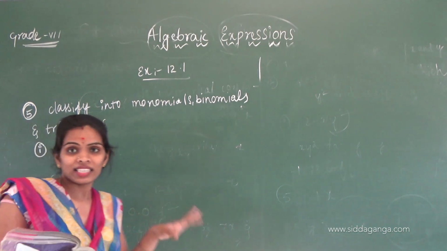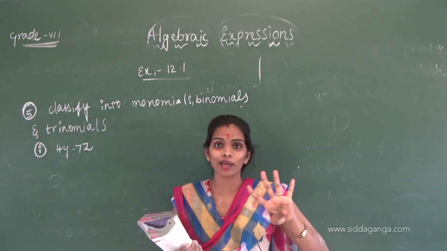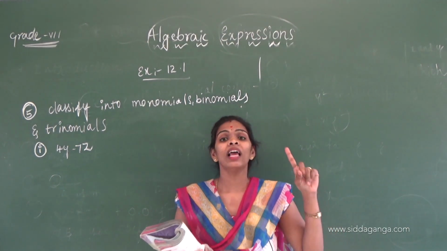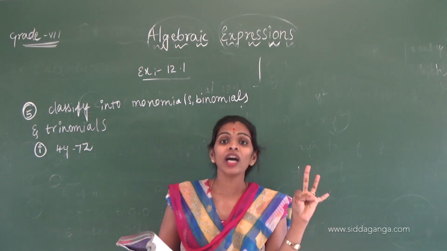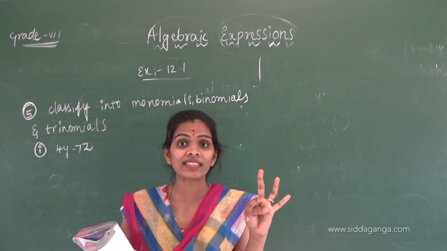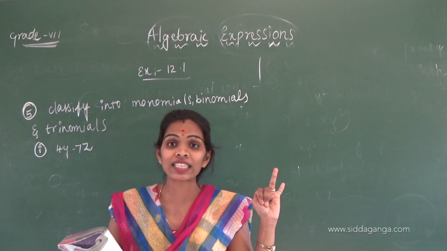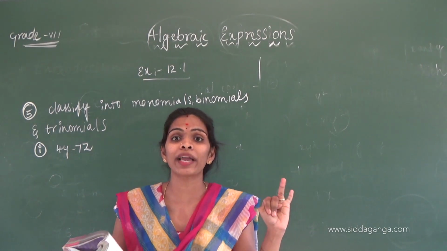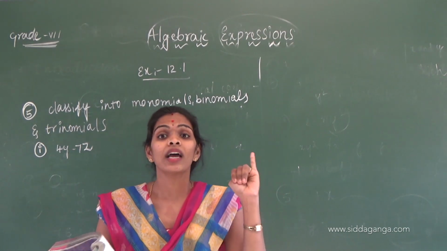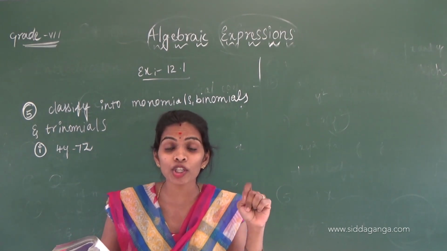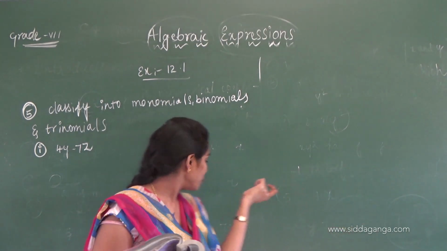2. Okay, just I am repeating the definitions. Types of algebraic expression. There are 4 types of algebraic expression. One is monomial, binomial, trinomial and polynomial. The algebraic expression which is consisting of only one term is called monomial. The algebraic expression which is consisting of 2 terms is known as binomial, and the algebraic expression which is consisting of 3 terms is known as trinomial, and the algebraic expression which is consisting of 2 or more terms is known as polynomial.